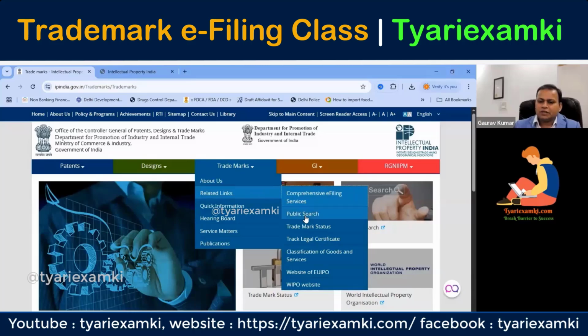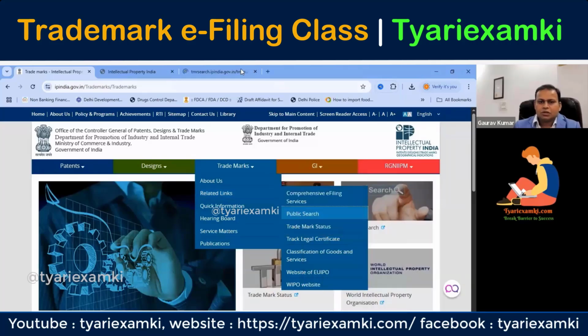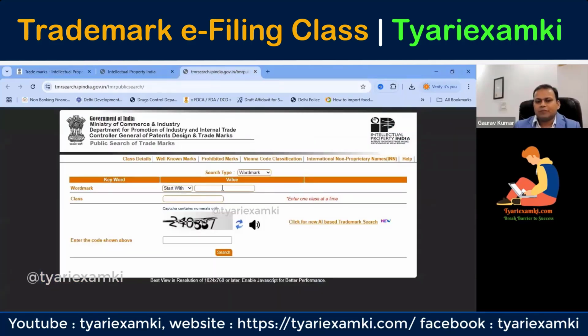Second website is the public search. Before applying for the trademark, we need to search the trademark on the basis of whether it is a word mark, Vienna code, or the phonetic sound. And on the basis of start with, contains, and match with, we generally search whether the trademark that we are going to apply for is registered or not, or whether it has a chance of getting registration or not.